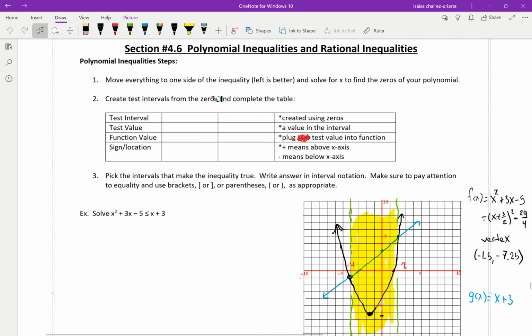Then you're going to create what are called test intervals. The test intervals come out of the x-intercepts that you found. And then you're going to grab test points from each interval, plug it back into the original inequality, and see if it satisfies it. And your answer will consist of all the intervals that satisfy the inequality. And you're going to have to use interval notation to express your solution here.